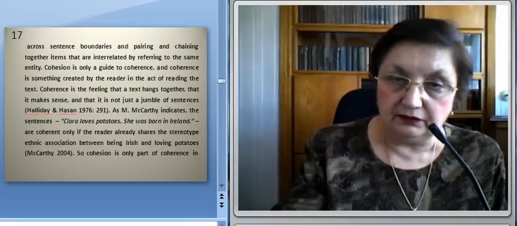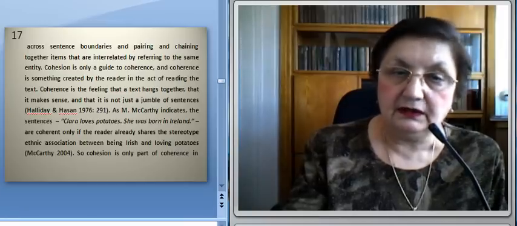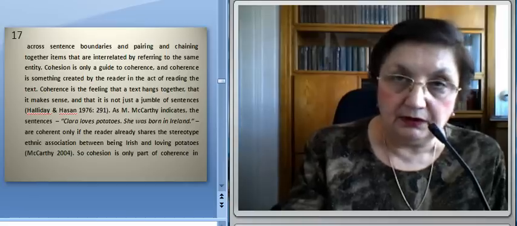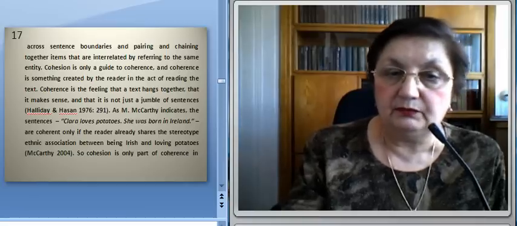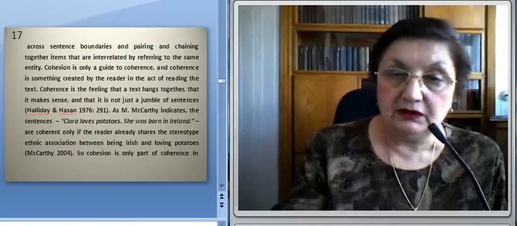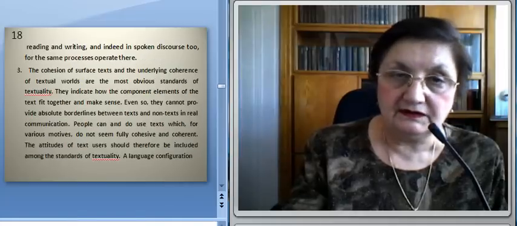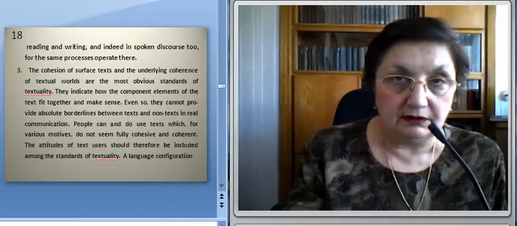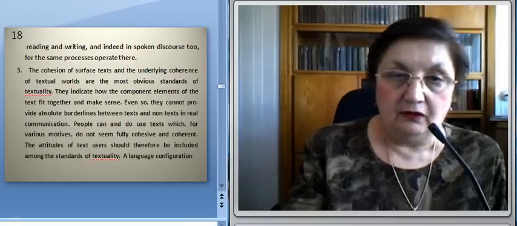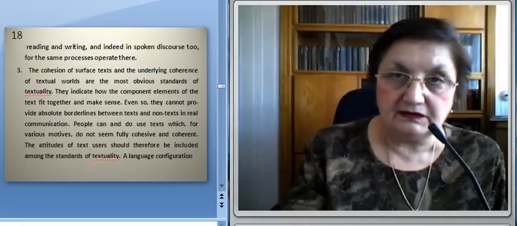Cohesion is only part of coherence in reading and writing, and indeed in spoken discourse too, for the same processes operate there. The cohesion of surface texts and the underlying coherence of textual worlds are the most obvious standards of textuality.